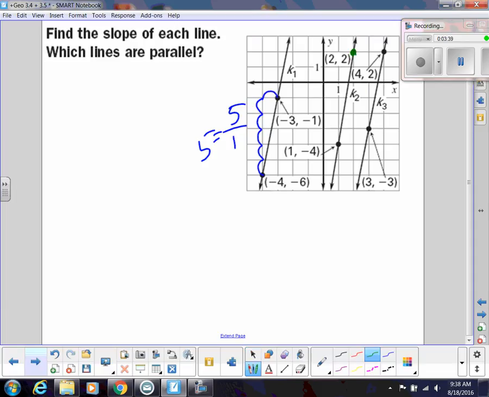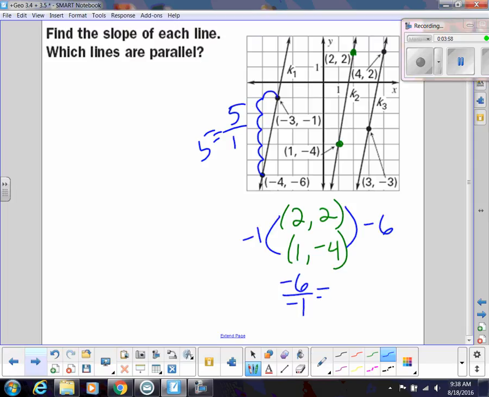On K2, I've got the coordinates 2, 2, and 1, -4. So you subtract y2 minus y1, that is -6, and this is -1. So that's -6 over -1, so K2 has a slope of 6.